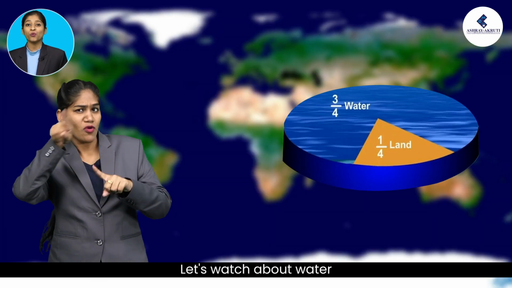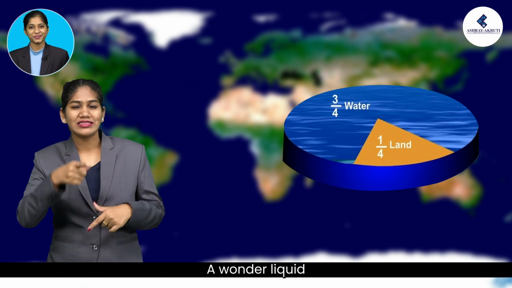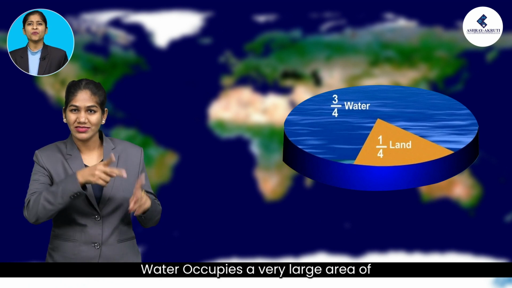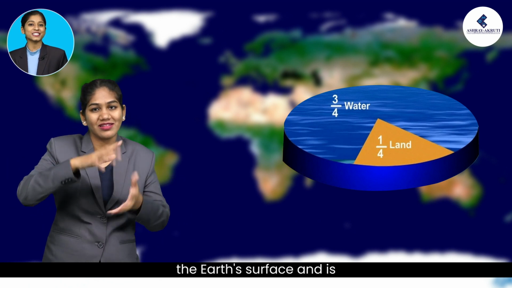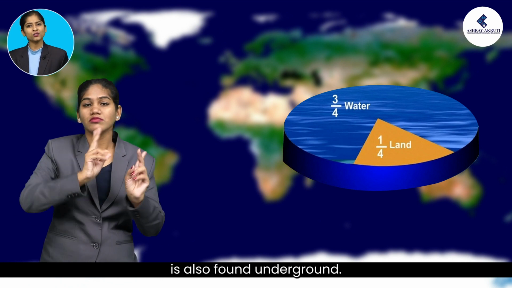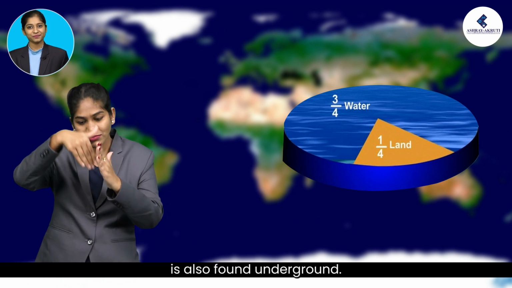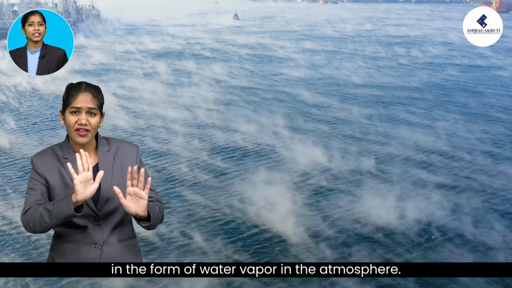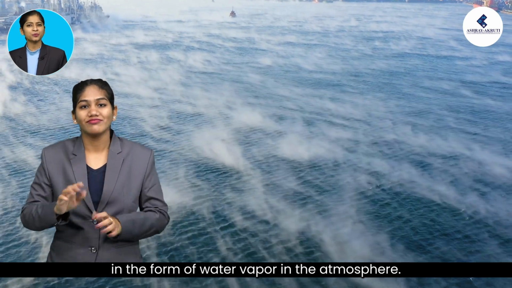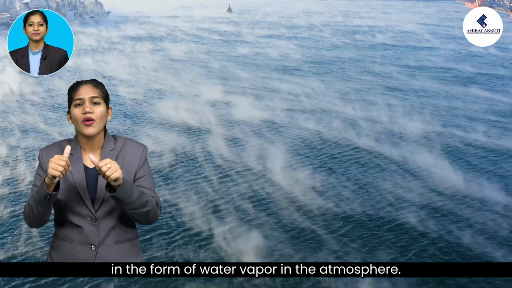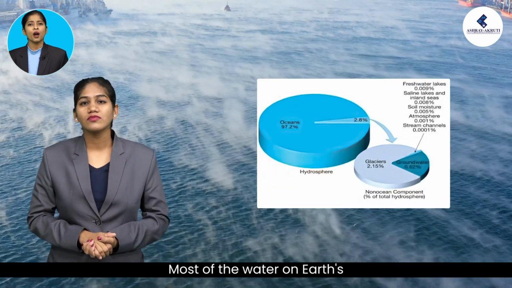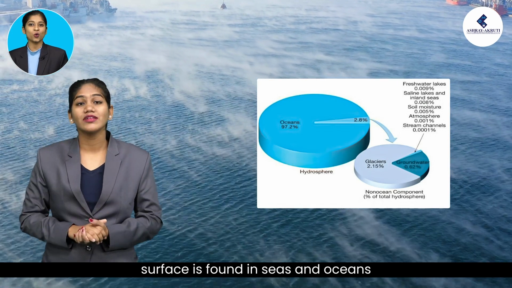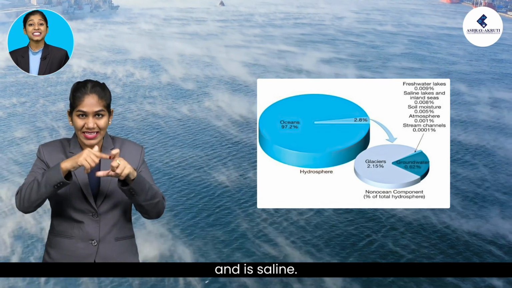Let's watch about water, a wonder liquid. Water occupies a very large area of the Earth's surface and is also found underground. Some amount of water exists in the form of water vapor in the atmosphere. Most of the water on Earth's surface is found in seas and oceans and is saline.